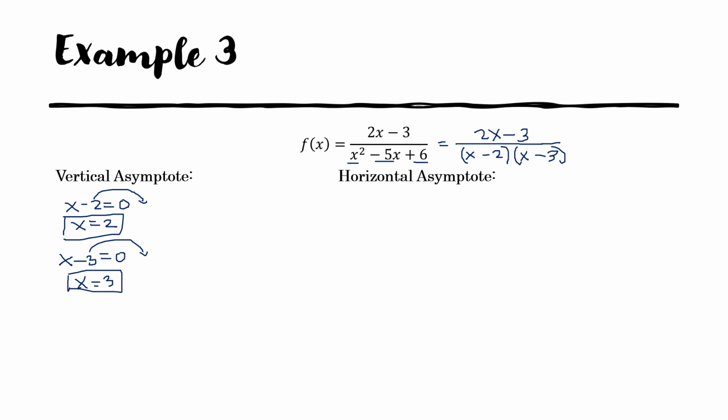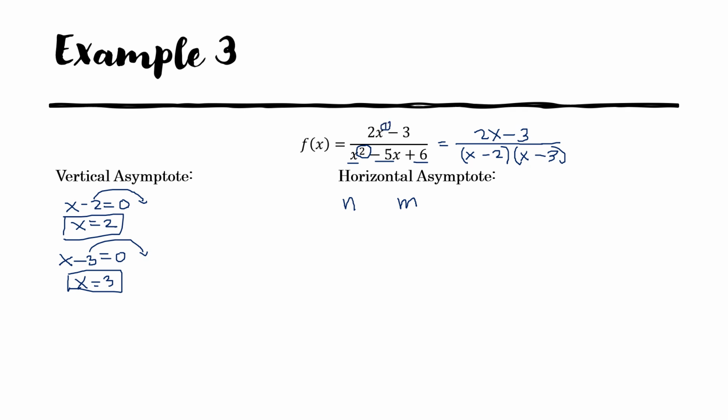And for the horizontal asymptotes, consider again the n and the m. Take a look at the leading coefficient, or the highest exponents in the numerator and the denominator. So the highest exponent here is 1.